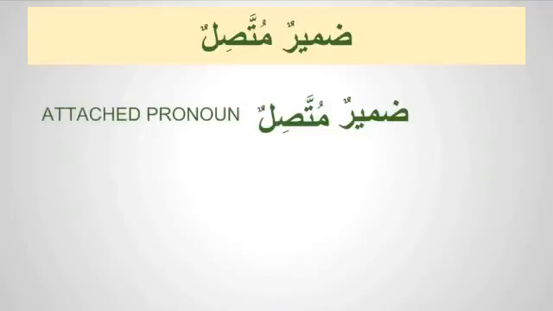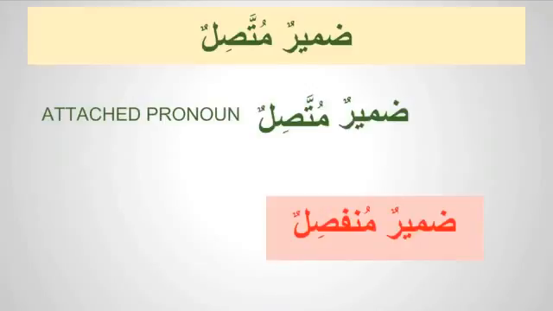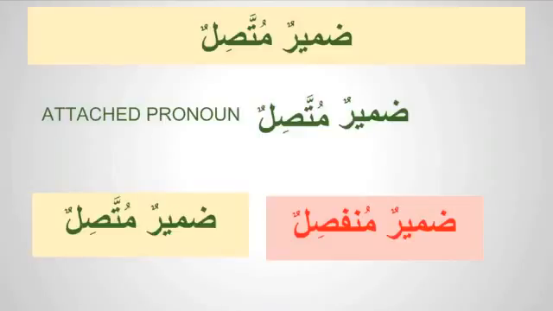So that's why it's called attached pronoun. So we've learned two types of pronouns now. We've learned that damirun munfasilun means detached pronouns, which is always marfu, and damirun muttasilun is an attached pronoun which is attached to a noun, and it is always either mansoob or majroor. Always either mansoob or majroor.